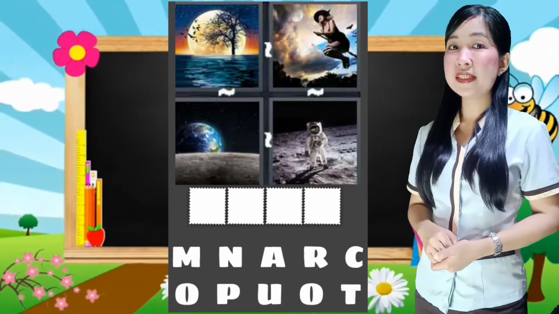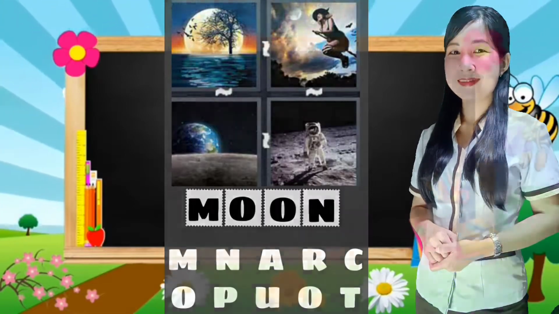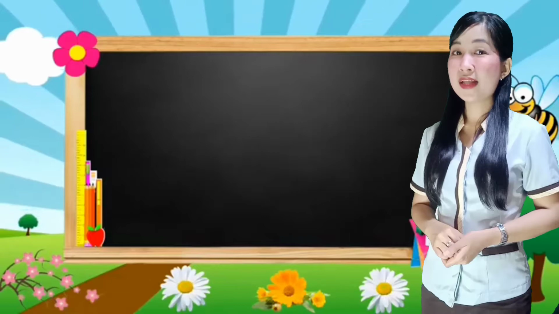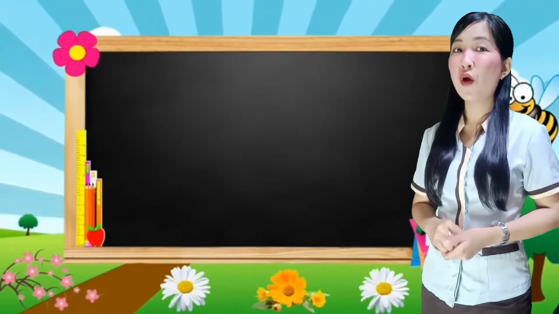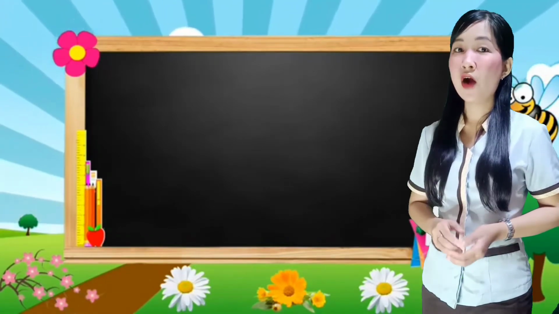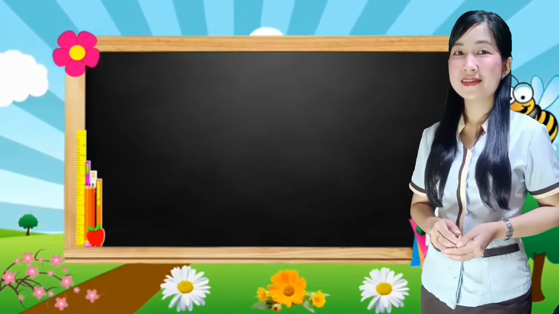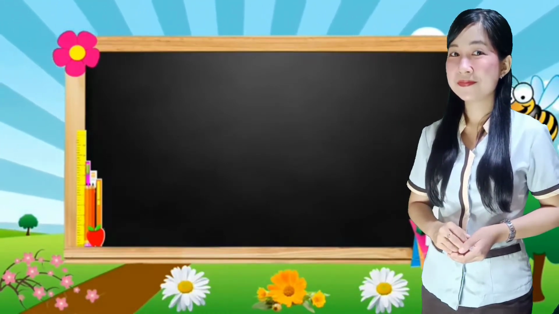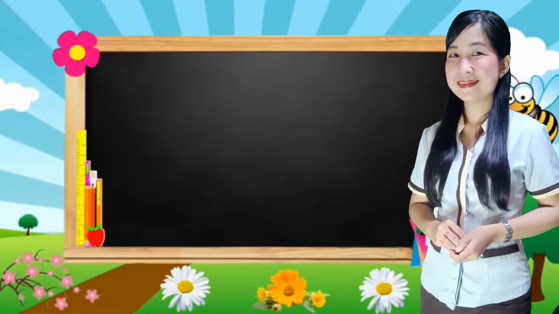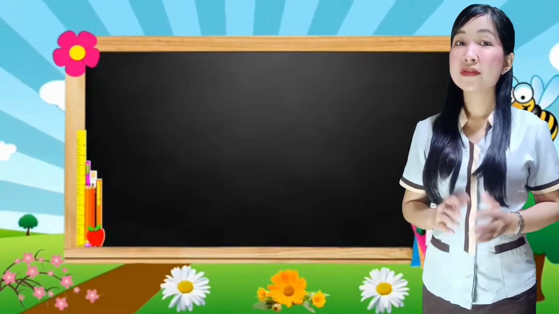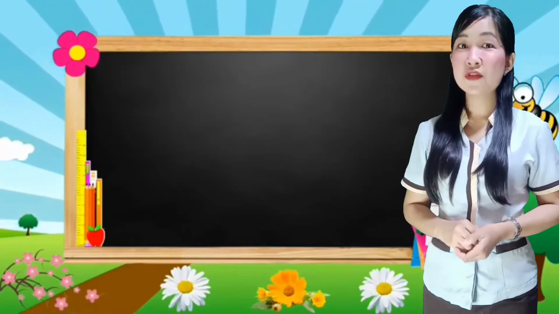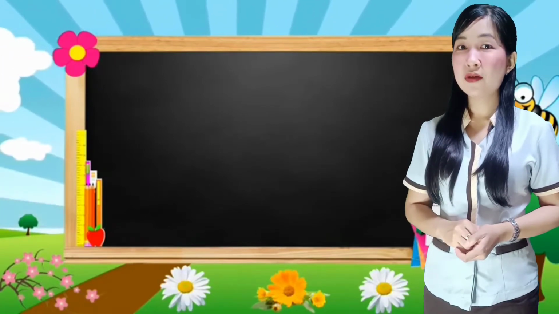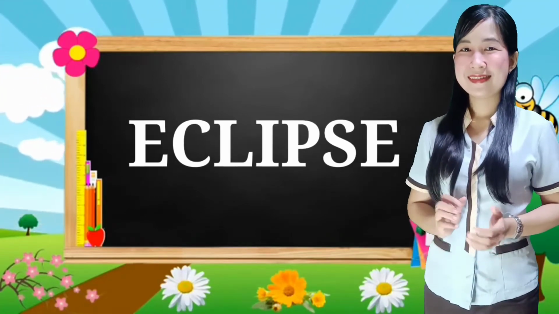The answer is moon. So what do you think is the relation of those pictures in our lesson for today? Do you have any idea? That's right! Our lesson for today is all about the eclipse.